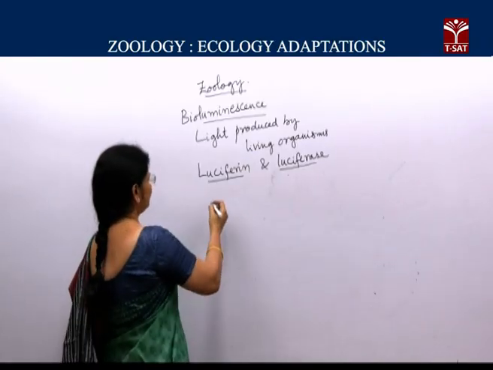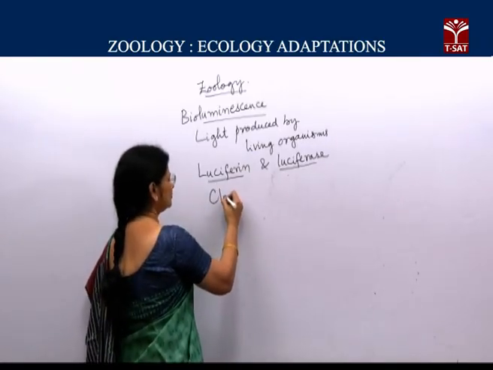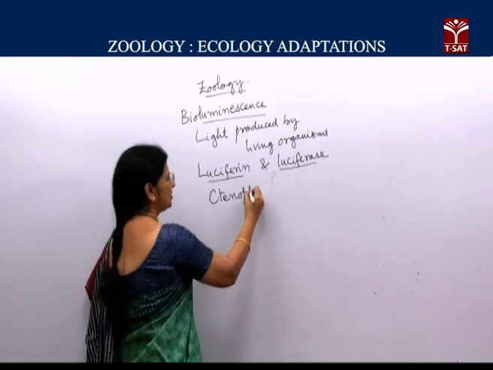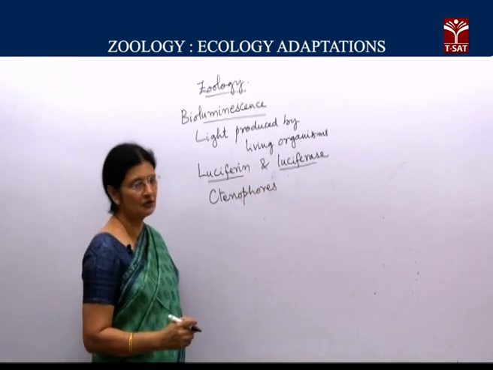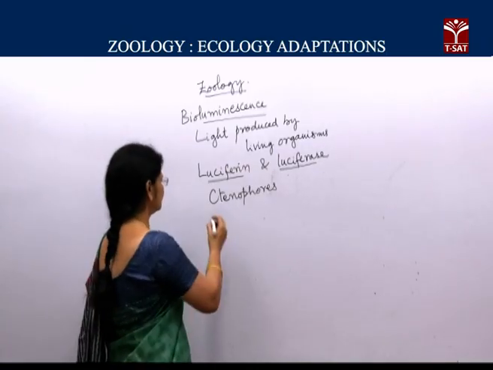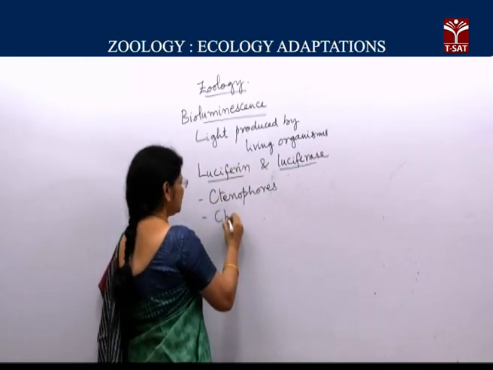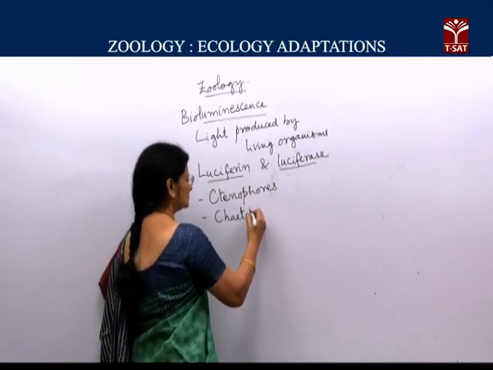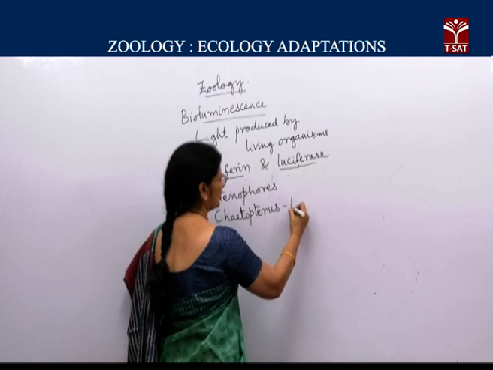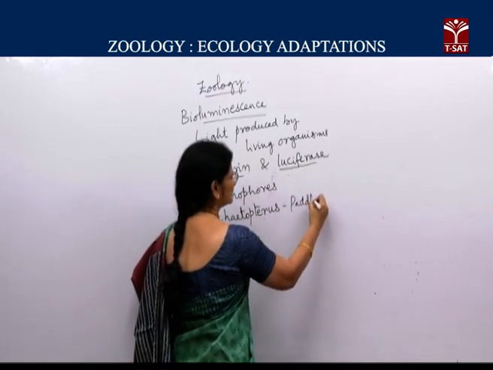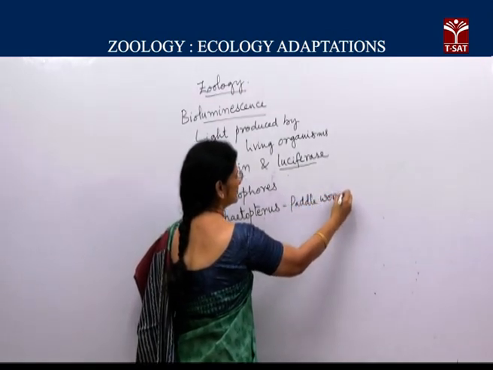We will take a number of examples. Ctenophores, comb jellies, sea walnuts or sea gooseberries. Chaetopterus, this is a tube dwelling polychaete called parchment worm.